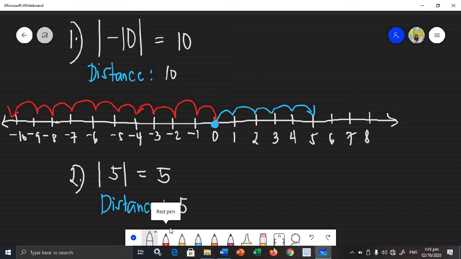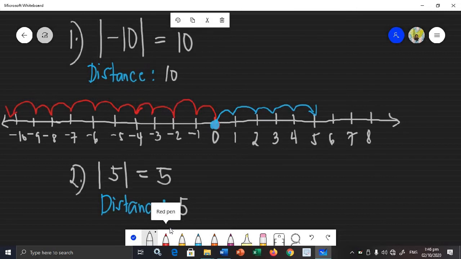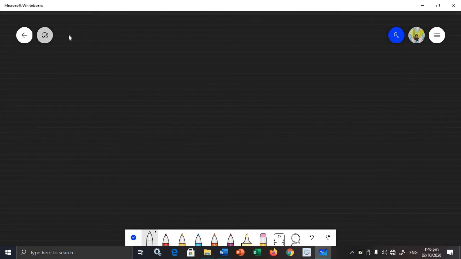And then, how about expressions? Let's say we will be getting the absolute value of this expression. What if there is already an operation inside? Let's say 0 minus 6. Then we will be getting the absolute value of 0 minus 6. How do we get that? Of course, we solve it just like in PEMDAS. Just think of it as parentheses.